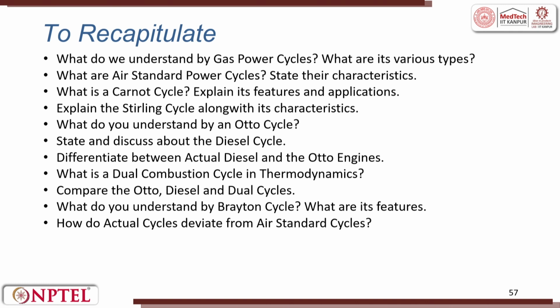Then we understood the Otto cycle and the diesel cycle. Then what a dual combustion cycle is, and the comparison of the Otto, diesel and dual cycles. Finally, we saw the Brayton cycle. Before we conclude, we also saw that whatever happens in reality, there is a major deviation from the theory. That is what we saw in the last slide.